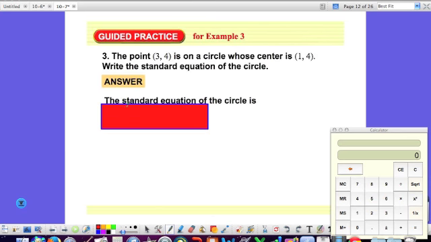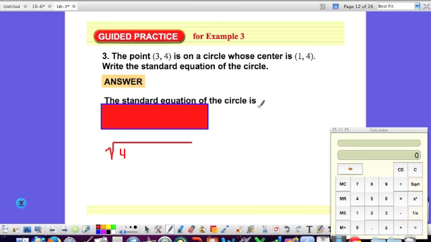Like this case. This point 3, 4 is on the circle, and the center is 1, 4. So the first thing I need to do is find the radius by finding the distance between these. 3 minus 1 is 2, squared is 4. 4 minus 4 is 0, squared is 0.